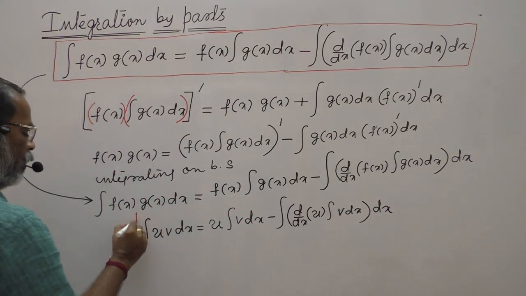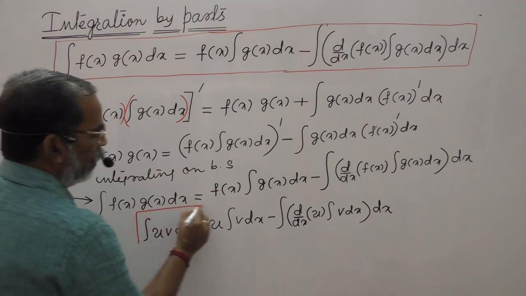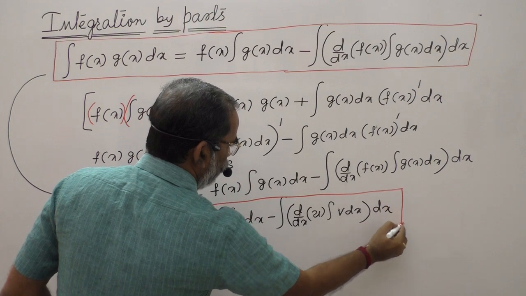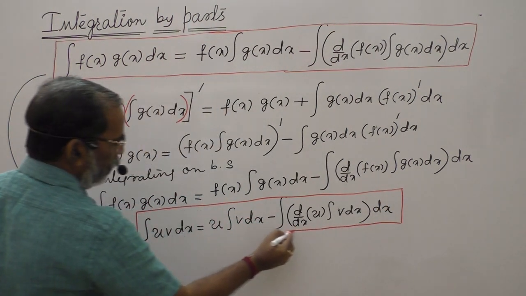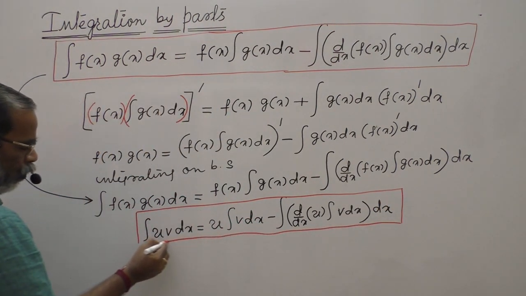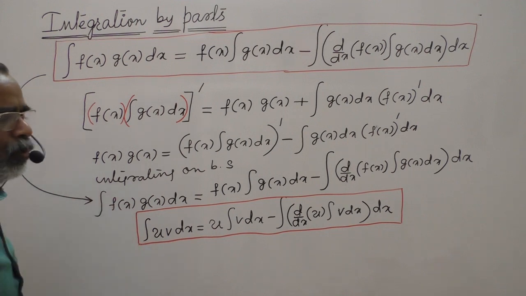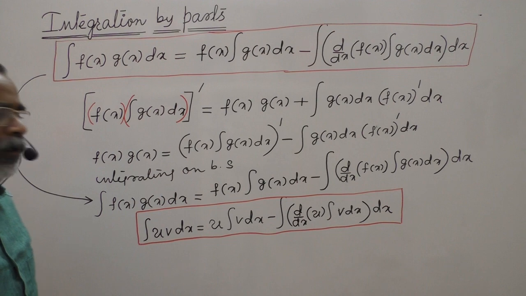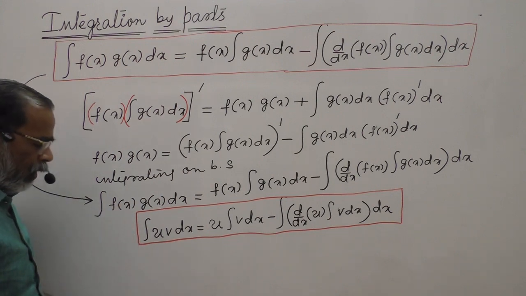Yes, this is to be remembered. This is the formula, the procedure to integrate a product of two functions. This is known as integration by parts, or integration of the uv product.